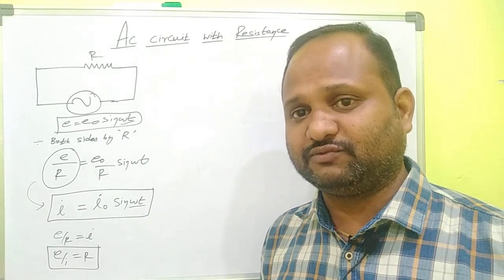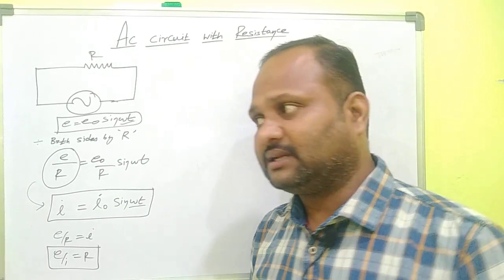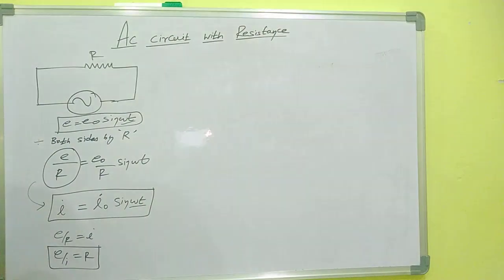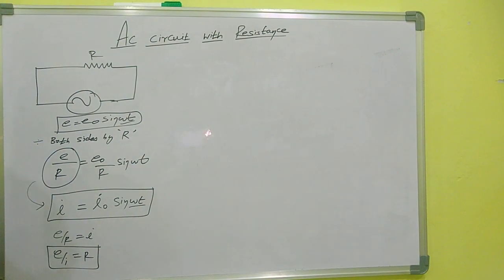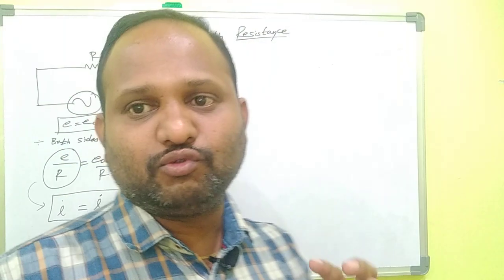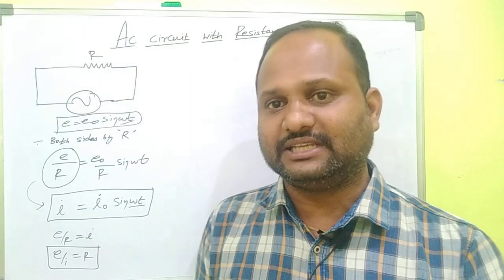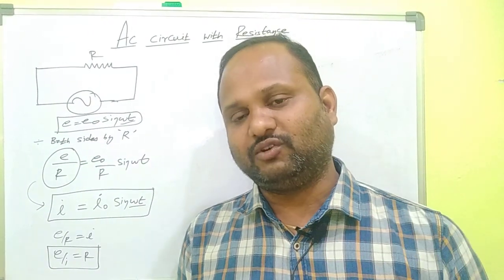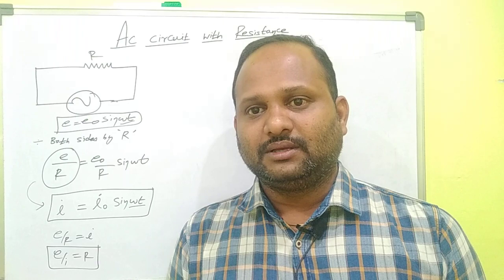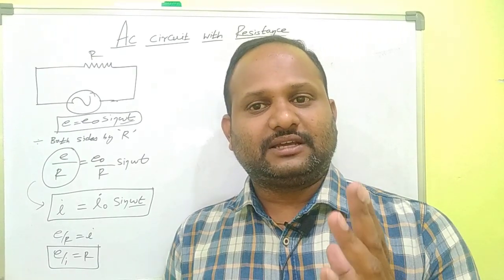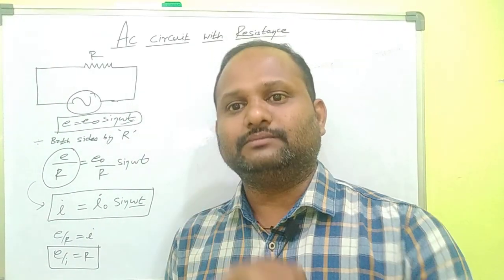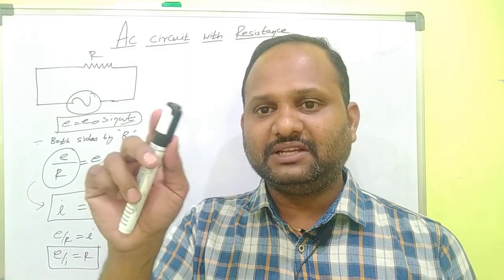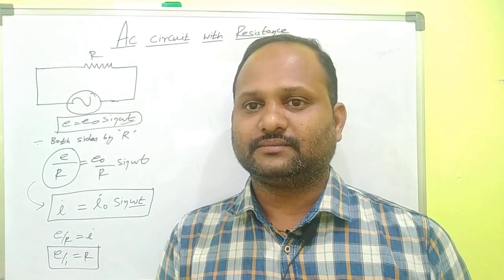What is the meaning of phase difference here? Here no phase difference means both EMF and current are moving together, moving simultaneously, moving at the same time. The EMF and current are moving at the same time. There is no time lag between the EMF and the current.